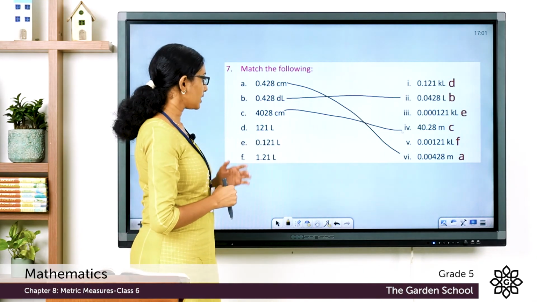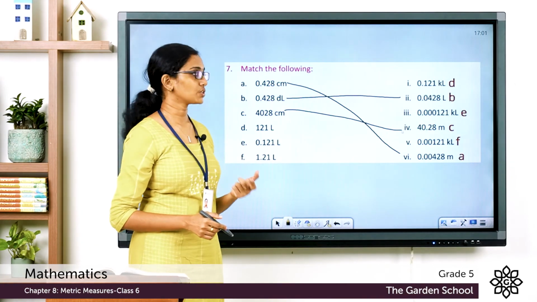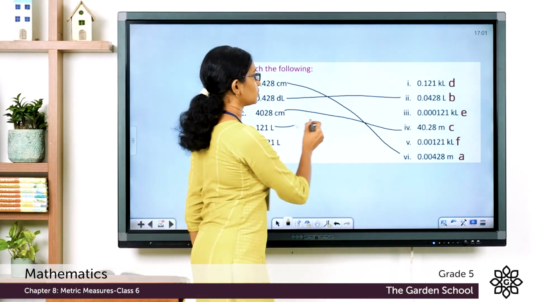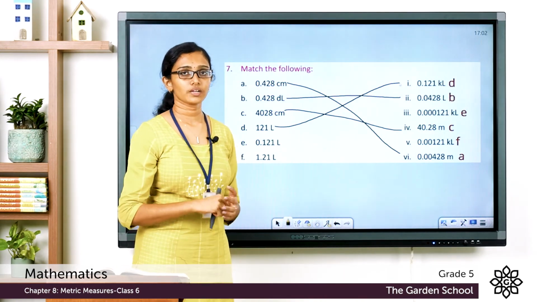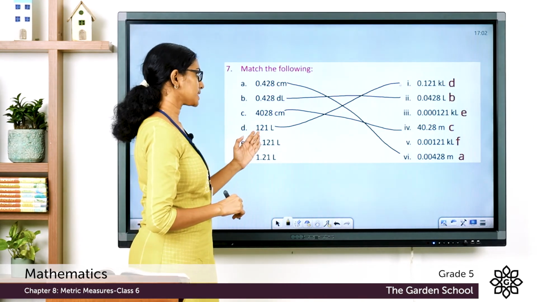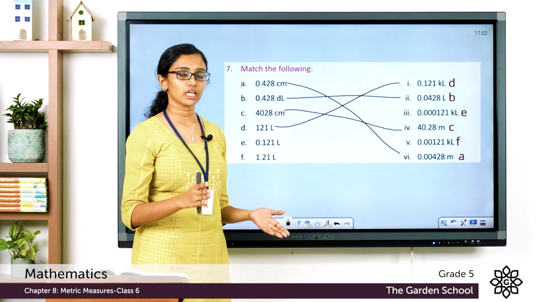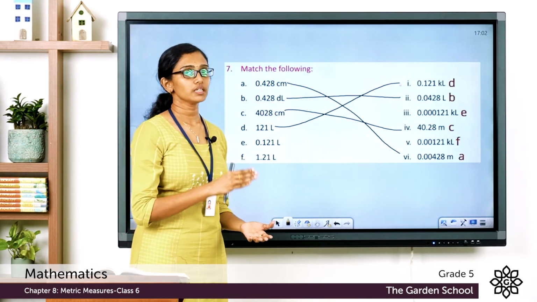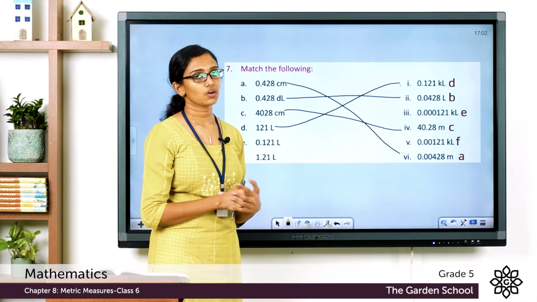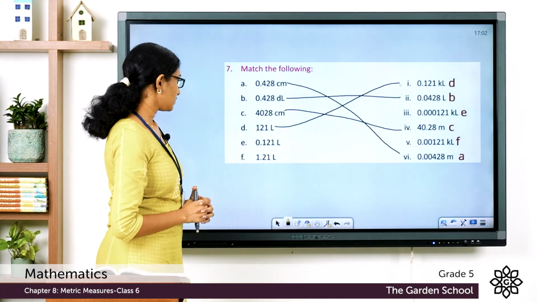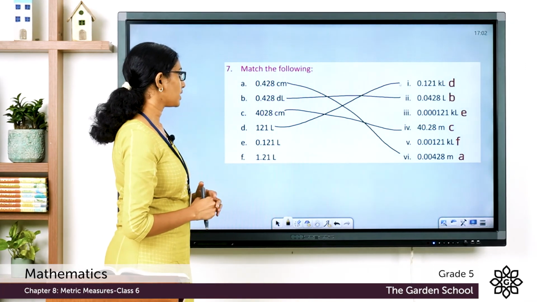Now, fourth one, 121 liters. It is equal to 0.121 kiloliters. Conversion between liter and kiloliter. 1 kiloliter is equal to 1000 liters, or you can say 1 liter is equal to 1 by 1000 kiloliters. Now the fifth one, 0.121 liters.